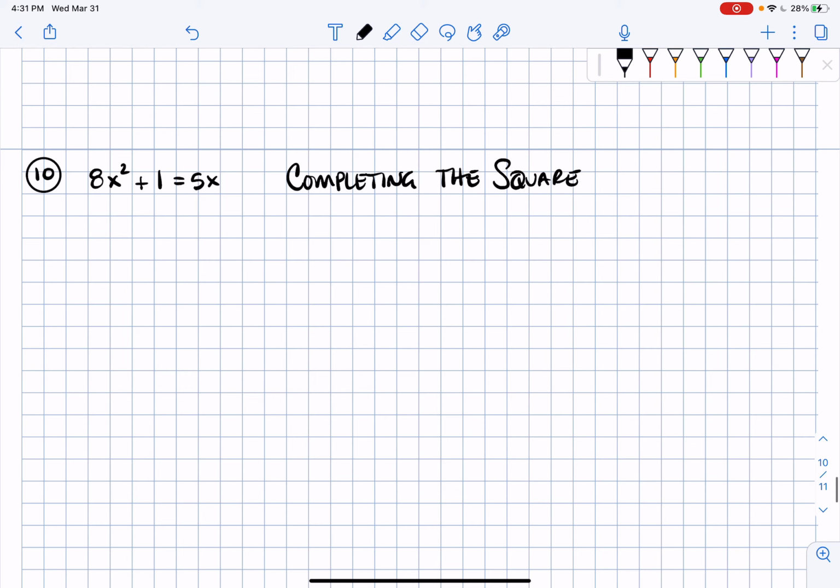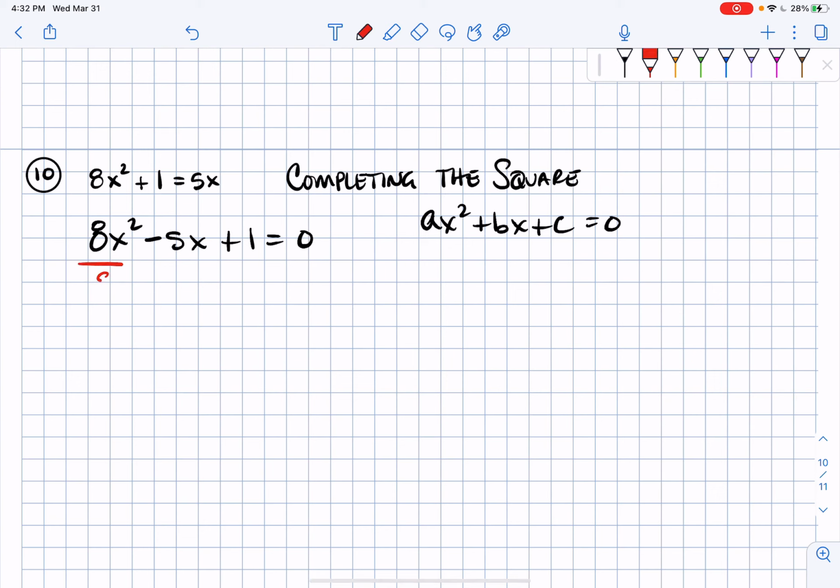So completing the square, the first thing I have to do is put it in standard form, which would be ax squared plus bx plus c is equal to 0. So I got 8x squared minus 5x plus 1 is equal to 0, because I got to subtract that 5x over, and that's my second term. So the first step is to get rid of that 8 so that a could be 1.